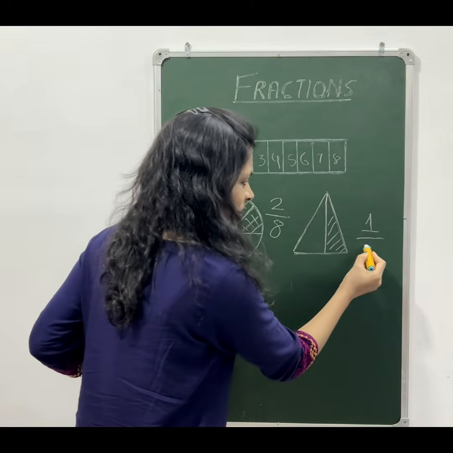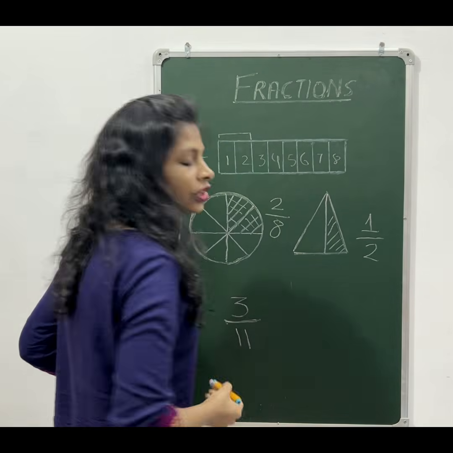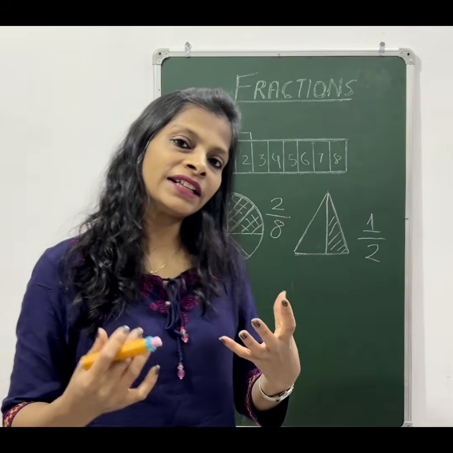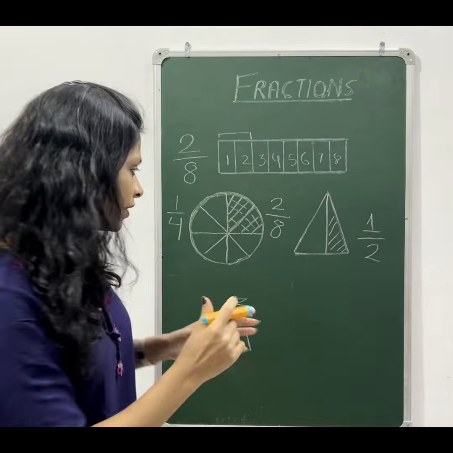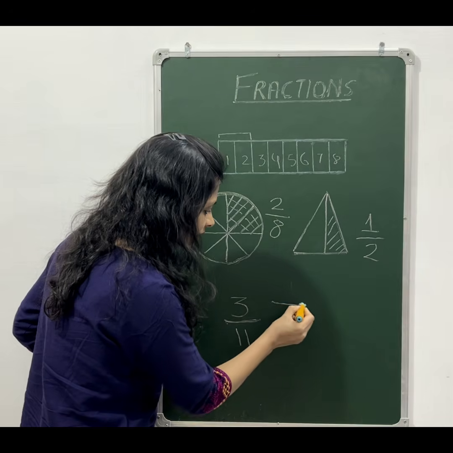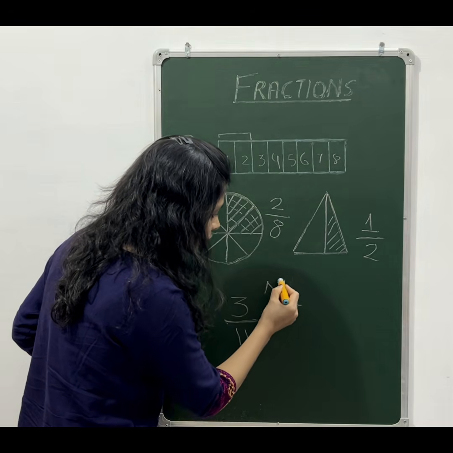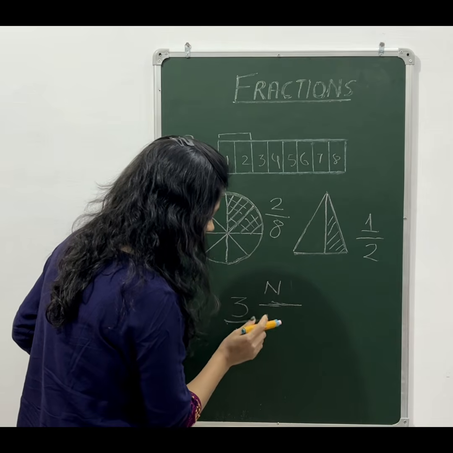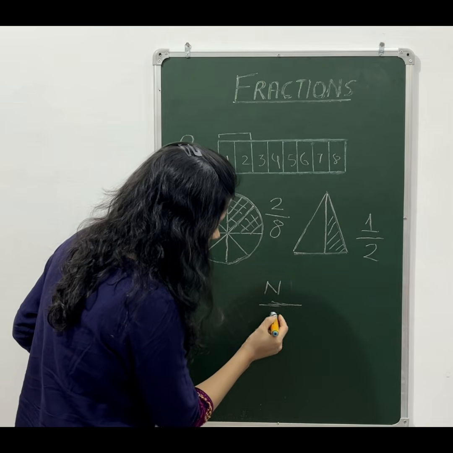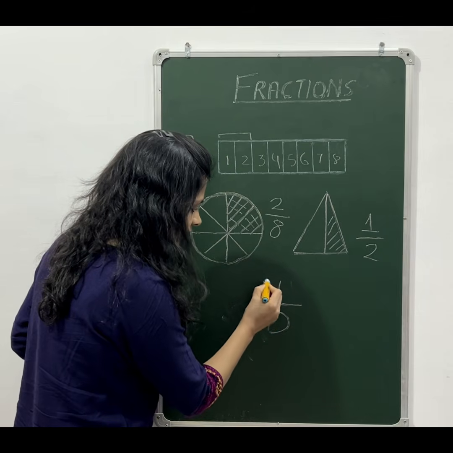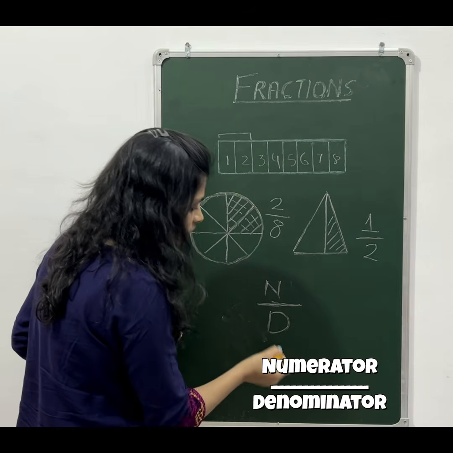Right, 2. So when I'm writing a fraction, there are 2 parts to it. One is written above the bar, which is called the numerator, and the other is called the denominator. So numerator upon the denominator.